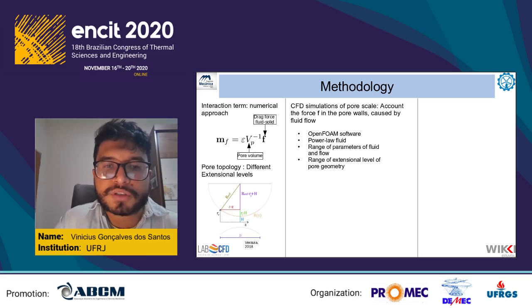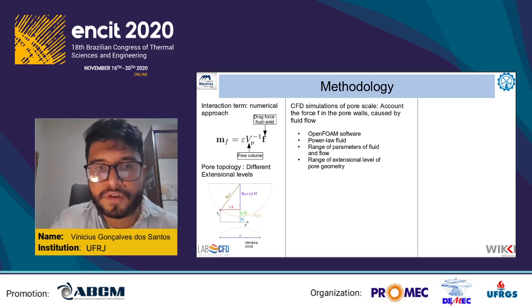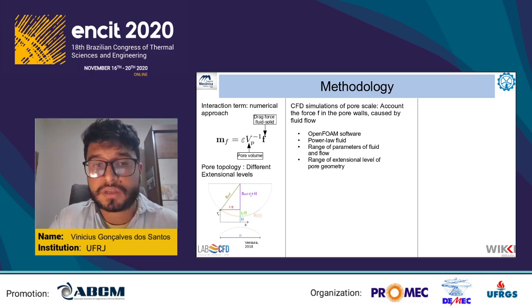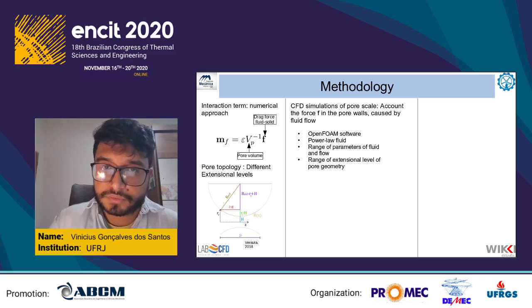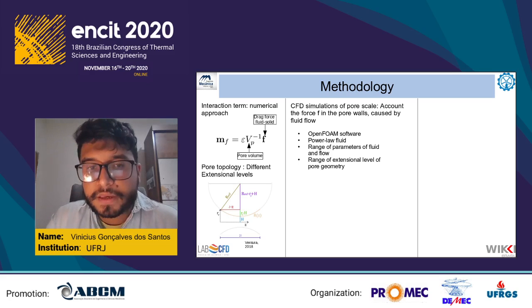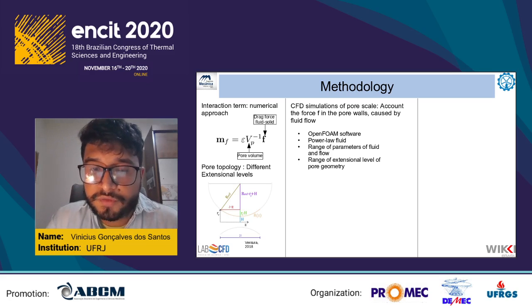The simulations use the finite volume method, and the simulations are performed with the OpenFOAM software. We use a power-law fluid and a range of parameters of fluid and flow.